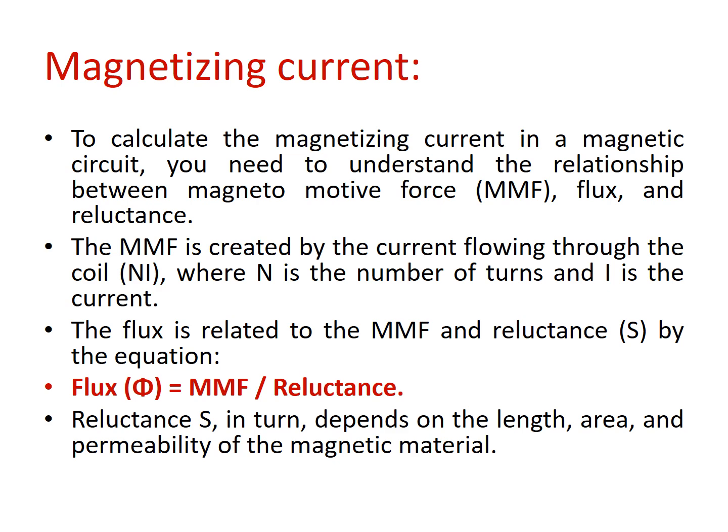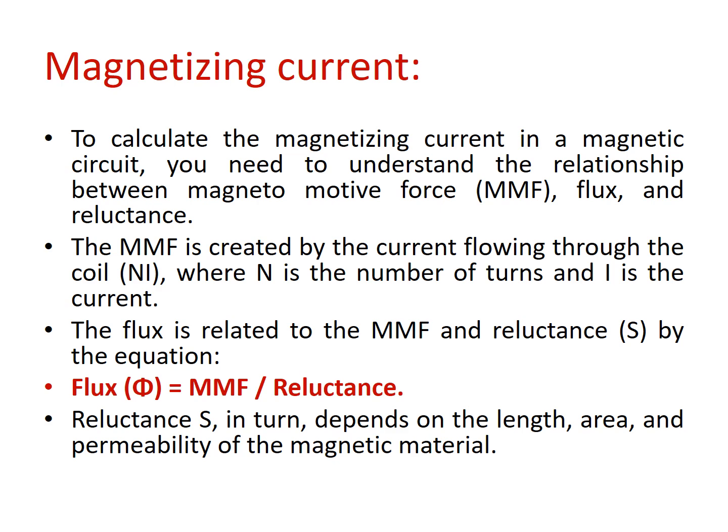Magnetizing current: when you consider the transformer design or any electromagnet or any electrical machines, we also have to calculate the magnetizing current. What amount of current is required? To calculate the magnetizing current in a magnetic circuit, you need to understand the relationship between magnetomotive force, flux and the reluctance. The MMF is created by the current flowing through the coil.